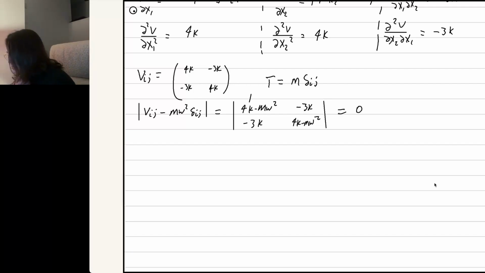To find the eigenfrequencies, we just need to solve this equation. So we'll have (4k minus m omega squared) squared minus 9k squared equals 0.